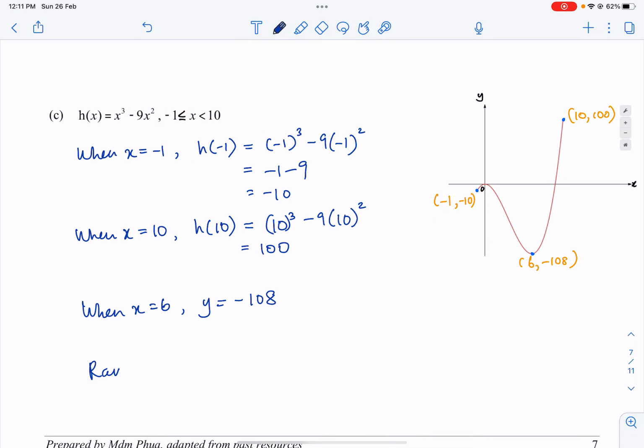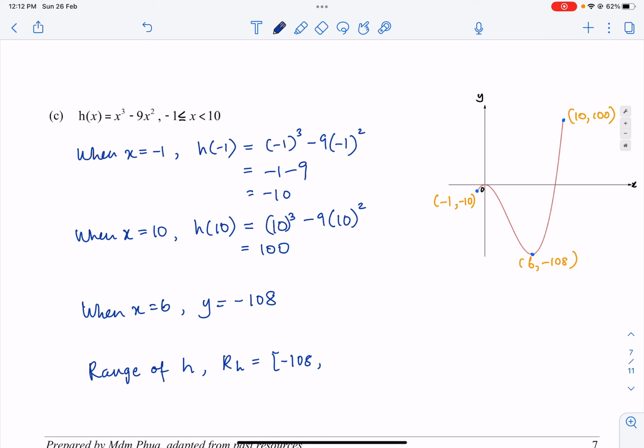So in this case, the range of h is given as the minimum value of y, which is -108, to 100 with a round bracket. So again, do take note of the inequality sign given in the domain when x is 10.